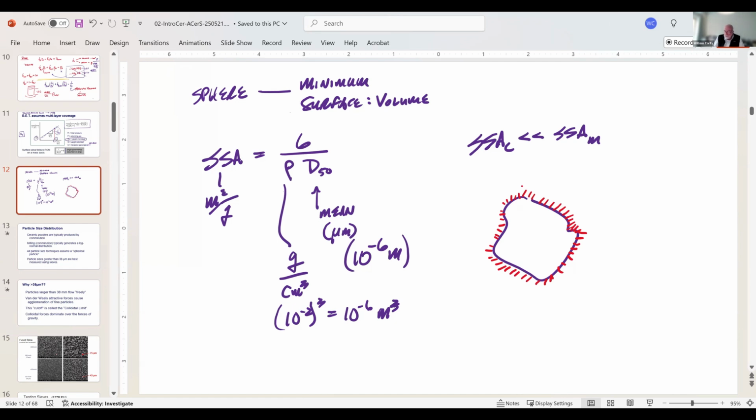Here's a simple example, and you can do the math to figure it out. I have a sphere. Now I have a half sphere. Well, I took my surface area of a sphere, which is pi r squared, and now I halved that because I have half a sphere, and I added this flat area. It turns out that I didn't quite double my surface area by splitting my sphere in half, but I increased my surface area.